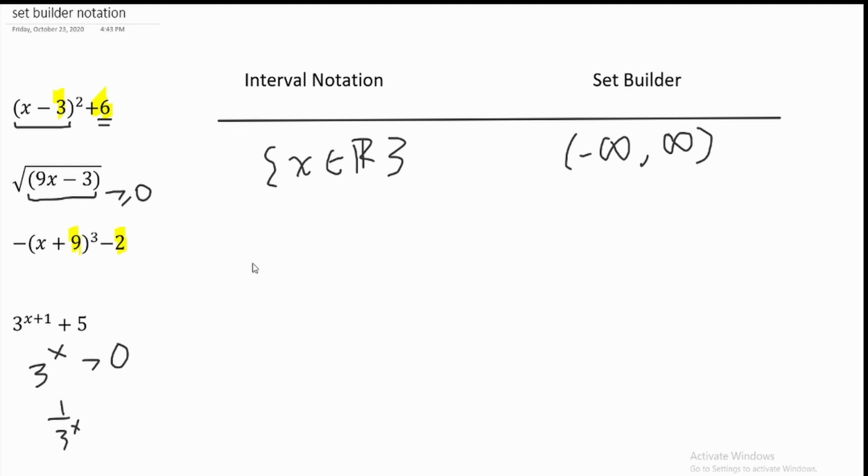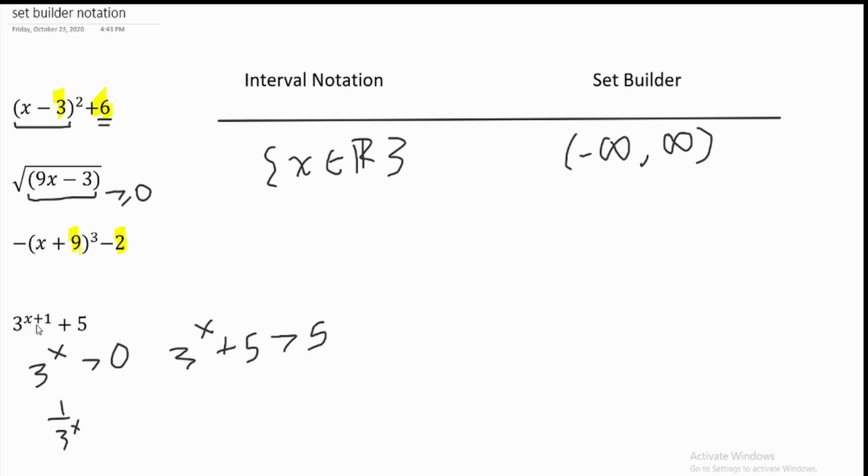Now for our range. I said before that it must be greater than 0. However, we have a 5 here. So we add 5 to both sides, and we get 3^x plus 5 is greater than 5.